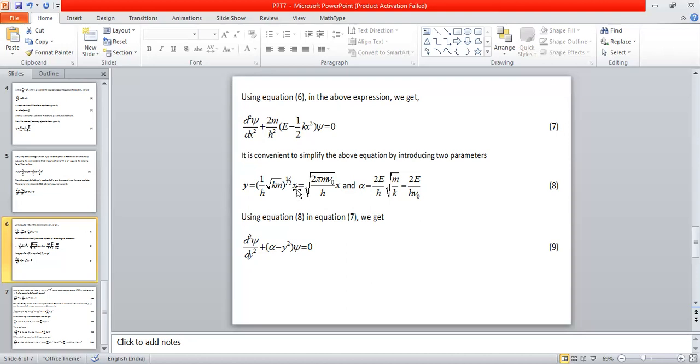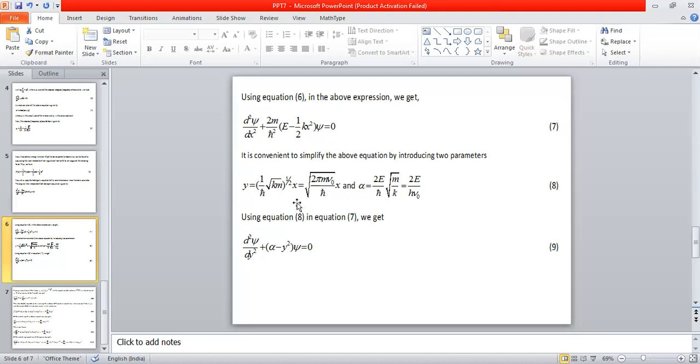So y in terms of x is given by y is equal to 1 by h cross times the square root of k into m, whole to the power of 1 by 2, into x. This is the parameter we are choosing in order to simplify equation 7.